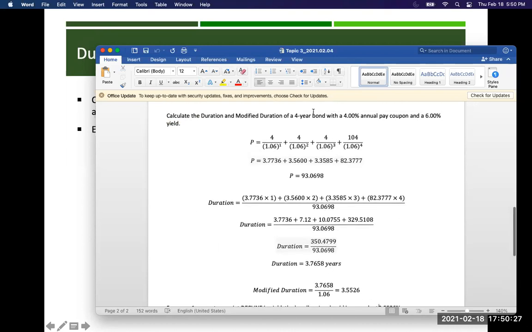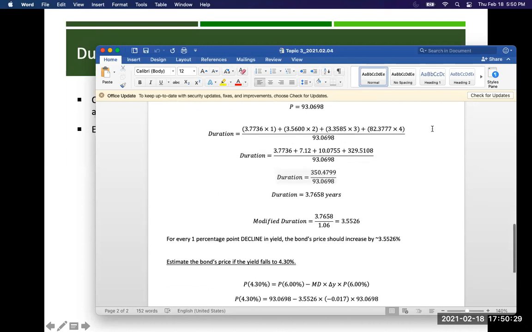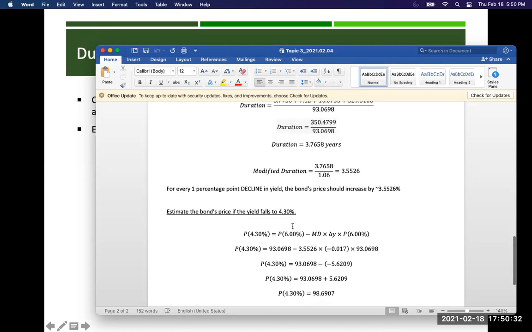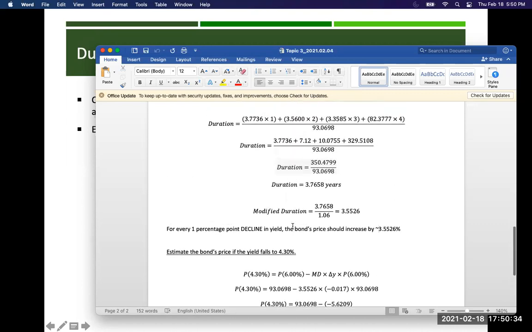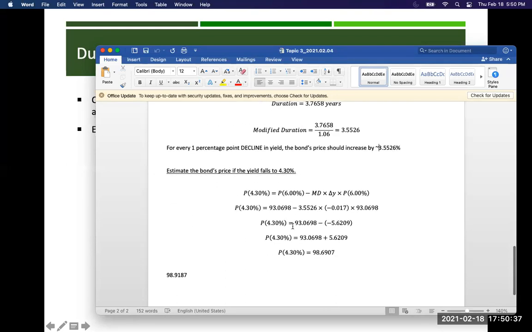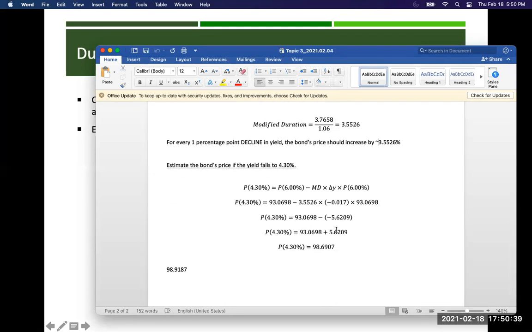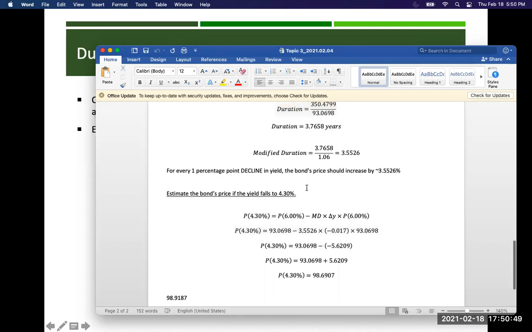And so the bond's yield is 6%. And what if the yield falls to 4.3? That's going to be a pretty significant change. So it will increase. Change in yield: the bond's yield falls by 1.7%, which is 0.017.